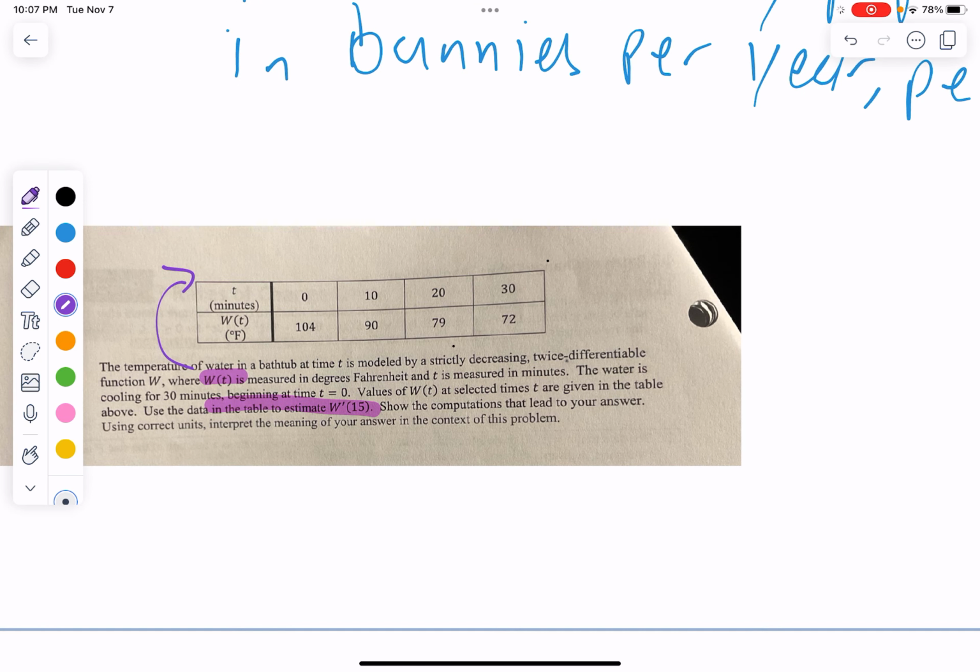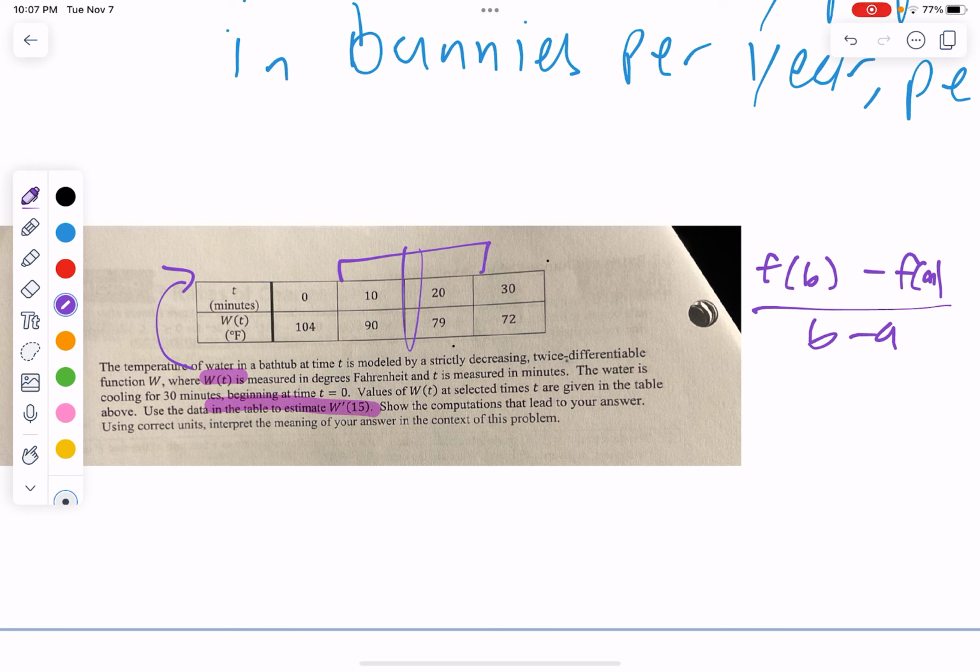We're just estimating the derivative. With derivative estimation, it's going to be f(b) minus f(a) over b minus a. We're estimating at 15, and 15 is between 10 and 20.